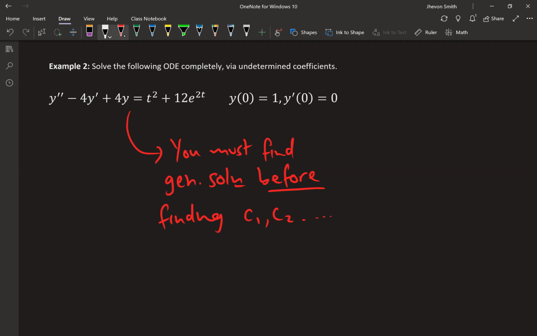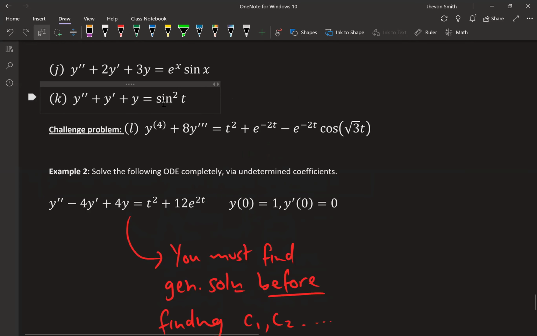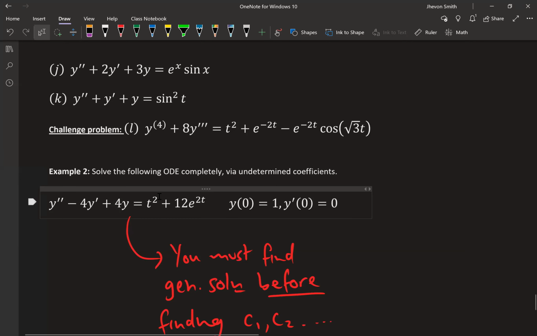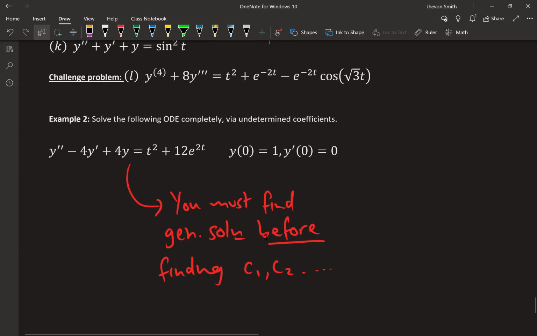That would actually be incorrect. You do need to make sure that you find the general solution first, which means first find the YP completely, identify all the coefficients. Then once you have the general solution, YH plus that YP, you plug in the initial conditions and solve for C1, C2. Finding the coefficients of the homogeneous solution is always the last step in the process.